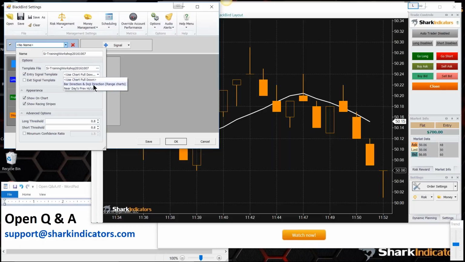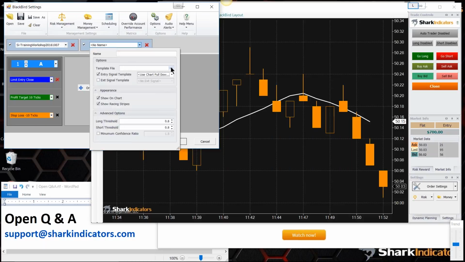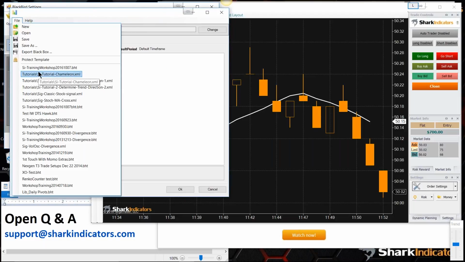So let's say I want to use this BloodHound template, 10.7, and that's my entry. And then if I wanted to, I could use another BloodHound template as my exit. So there's a little more flexibility with BlackBird versus Raven.